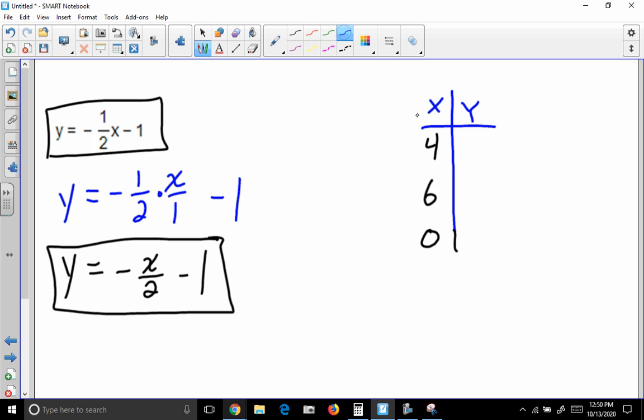So if we put a 4 in for x, we get y equals negative 4 over 2 minus 1. So 4 over 2, 4 divided by 2 is 2, minus 1. So if we replace x with 4, we get that y is negative 3.